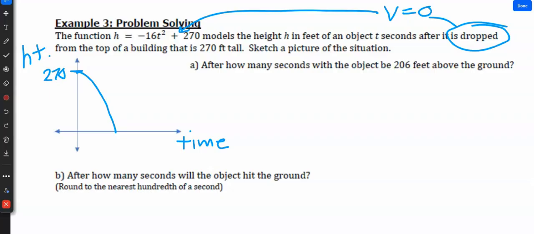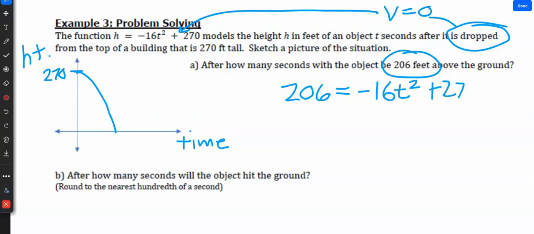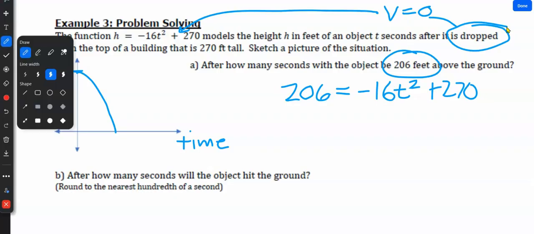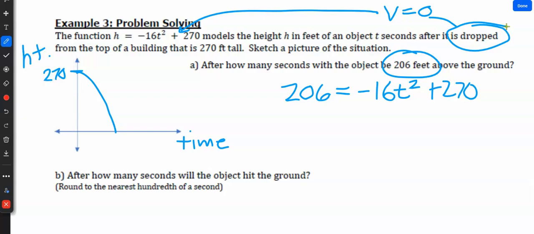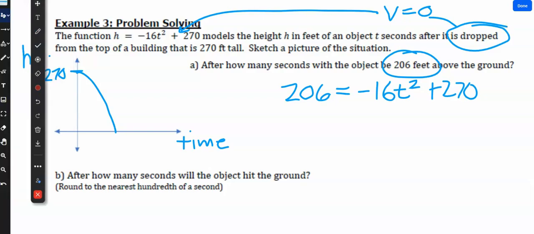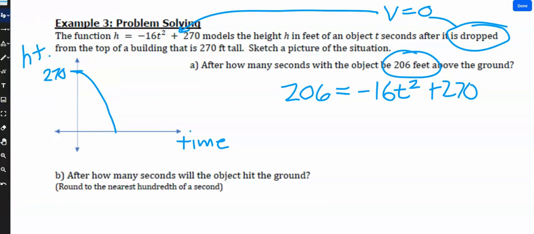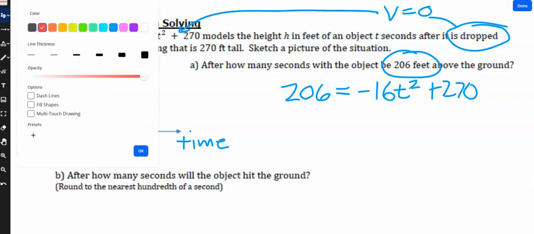After how many seconds will the object be 206 feet above the ground? So they're telling me to plug in 206 feet into this equation. And they want me to solve. So they're really saying to me, get a different color.